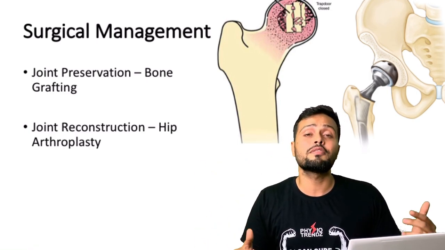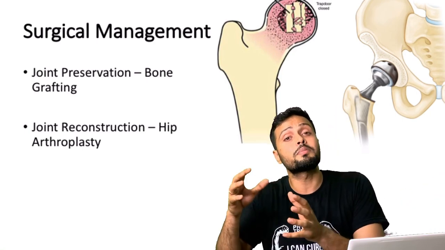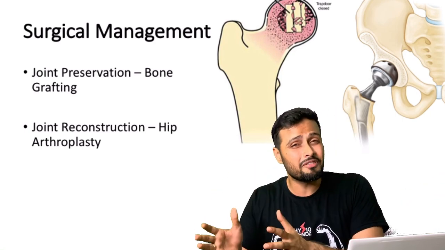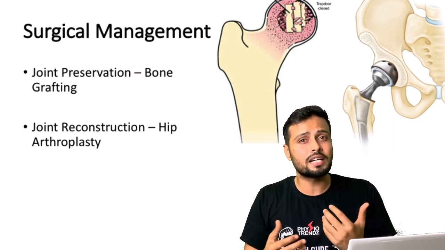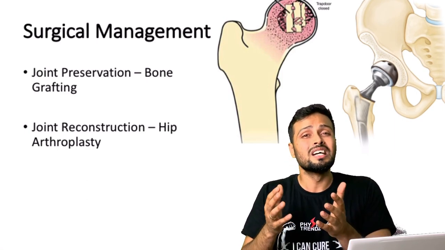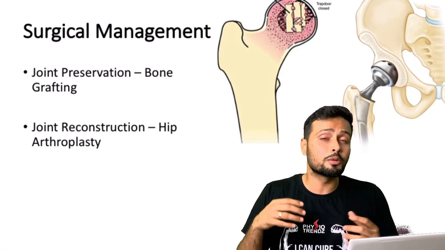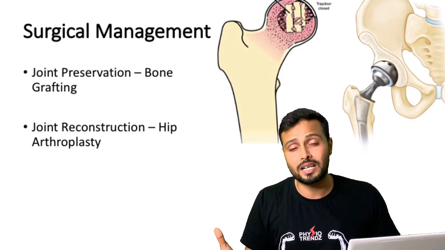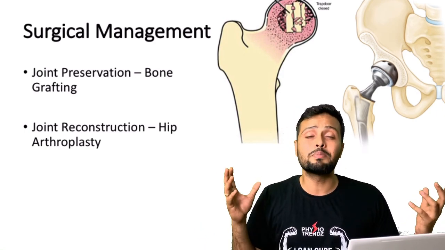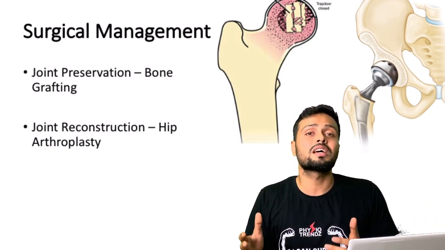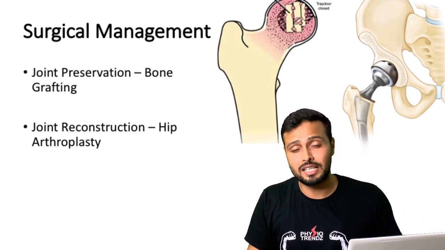In that we have two options. If you want to go for joint preservation, you go for bone grafting, but the chances of successful bone grafting are also limited. So the only option left is joint arthroplasty. We have to go for joint replacement, and then only can the patient be much better in their activities.